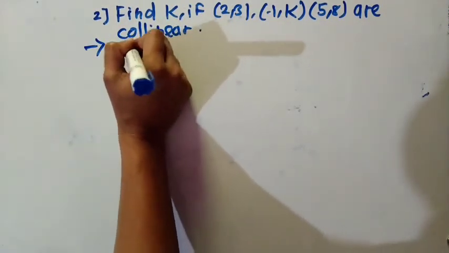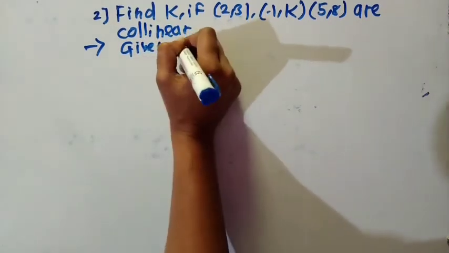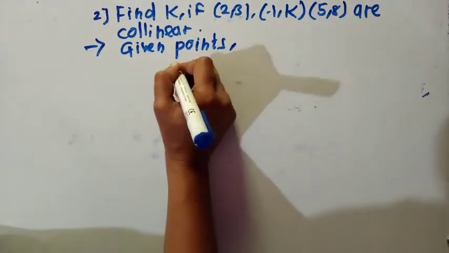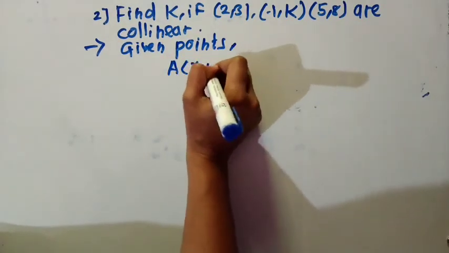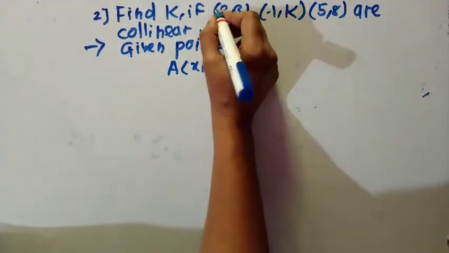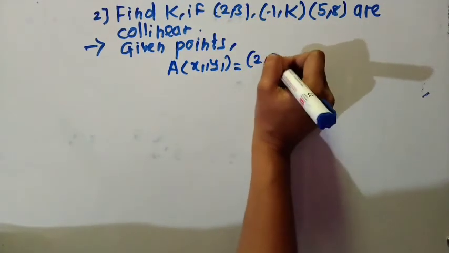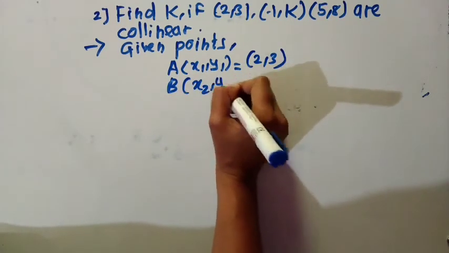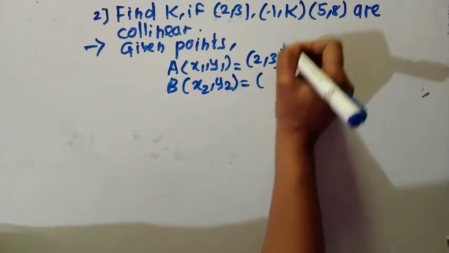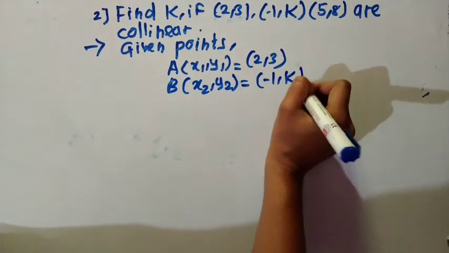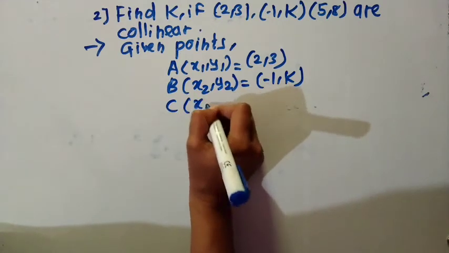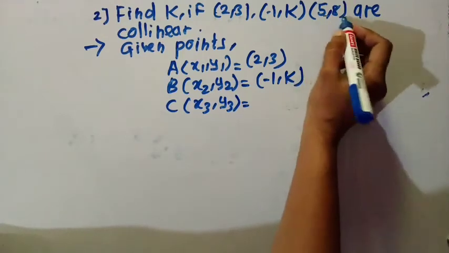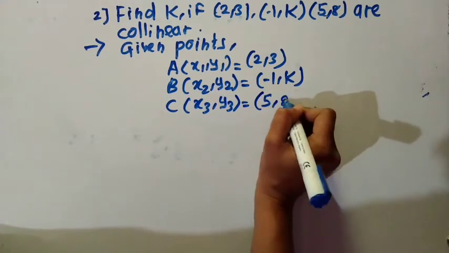First, given points A (x1, y1) is equal to (2, 3), B (x2, y2) is equal to (-1, k), and C (x3, y3) is equal to (5, 8).